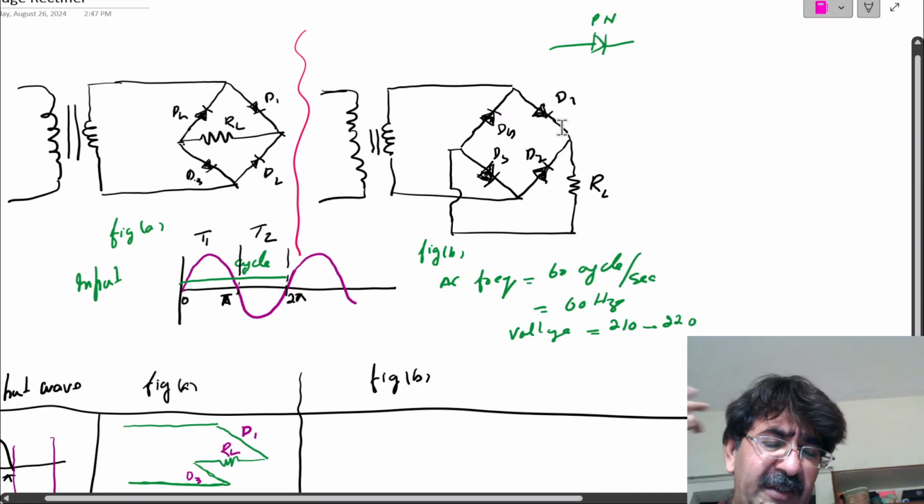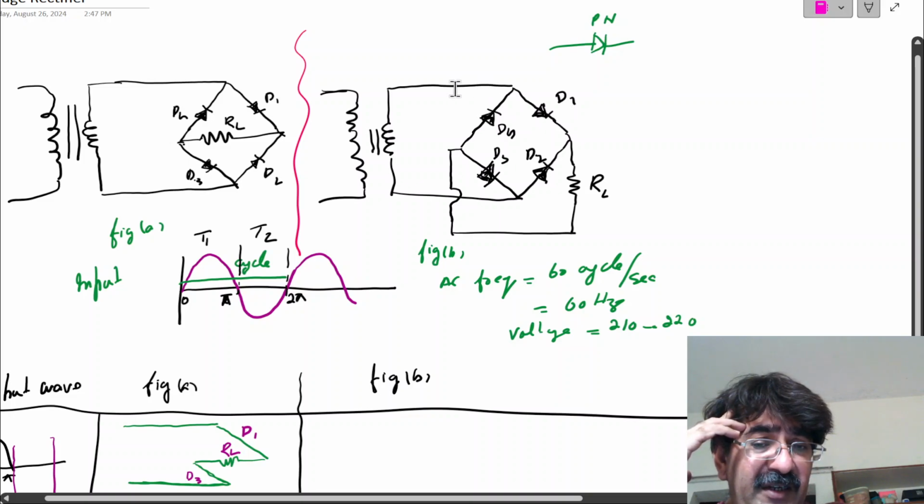But the N part of the diode receives the signal directly from the positive part of the incoming AC wave, so it will be more positive. So the P part of D4 will be less positive and the N part more positive.